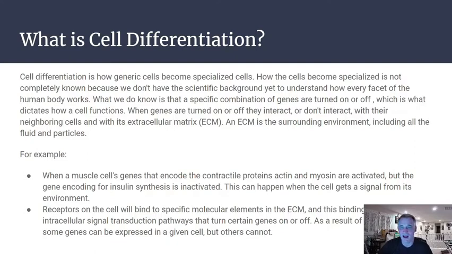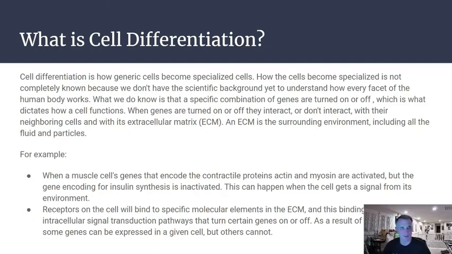When genes are turned on or off, they interact or don't interact with their neighboring cells and with its extracellular matrix, or ECM. The extracellular matrix is the surrounding environment, including all the fluids and particles and connective tissues and so on.